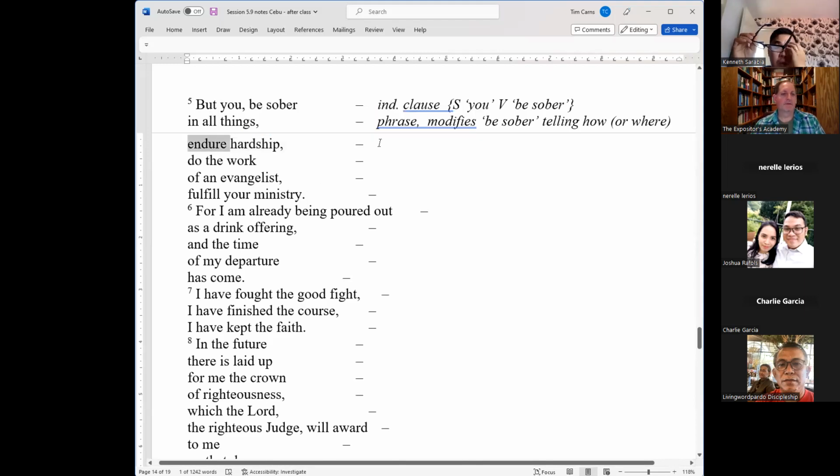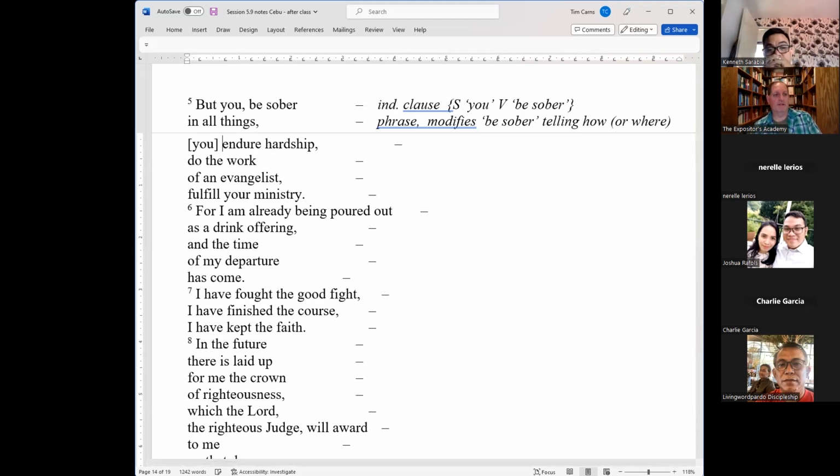Correct. And hardship is the subject? Well, that'd be the object. The subject is "you," because it's a command, so it's technically "you endure." Okay, because in English they don't put "you." So we have a clause here, an independent clause, right? It can stand alone. It's just a command, part of the list here. Be sober, endure hardship.